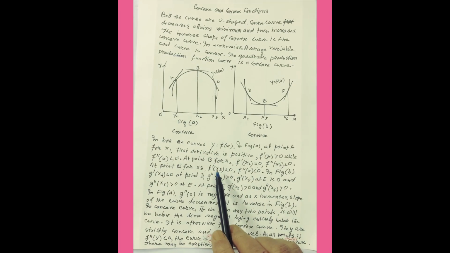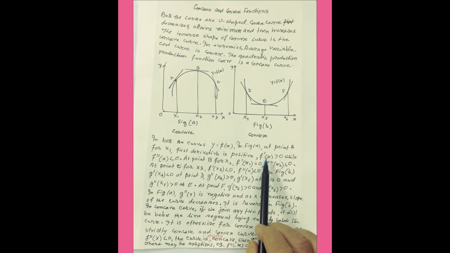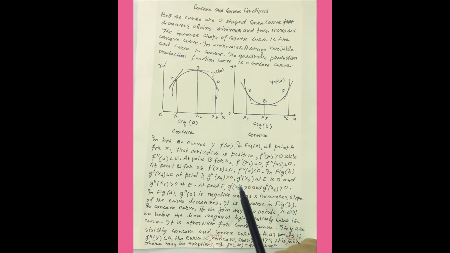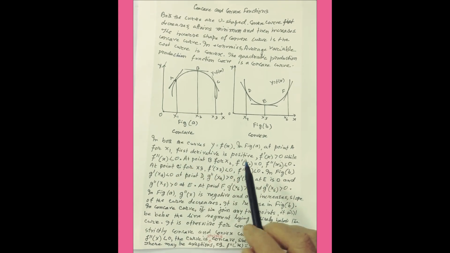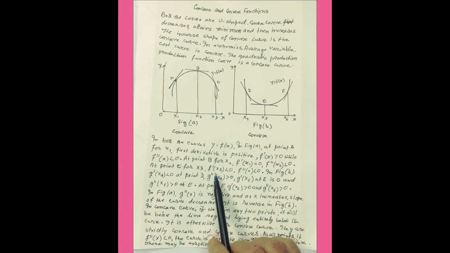So that's why the first derivative is negative here. Earlier it was positive at point x1. So it is negative. Then the second derivative is negative.